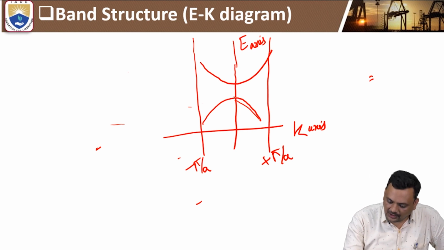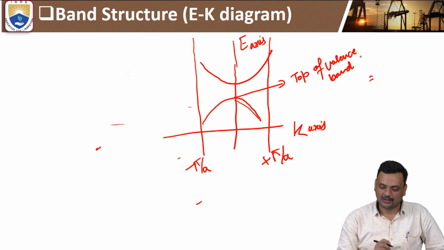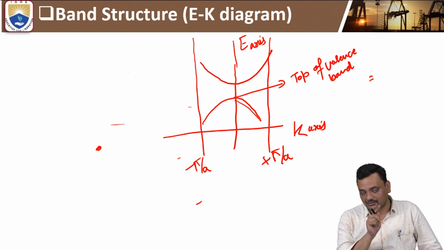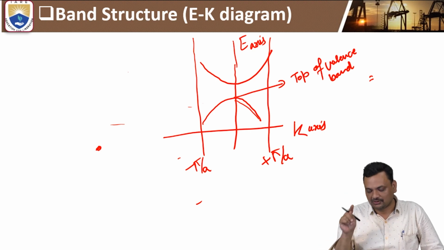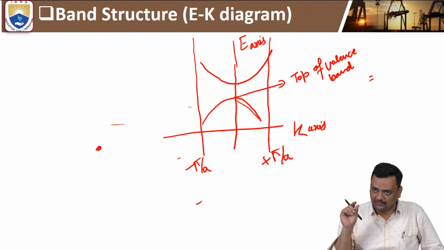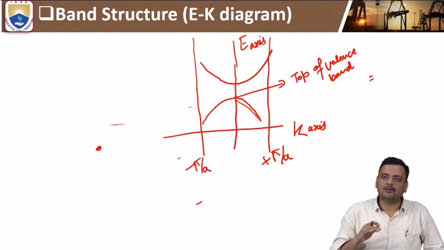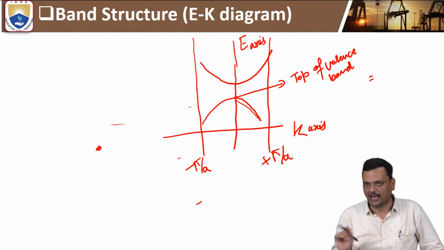So this is the top of the valence band. Why the top of the valence band? Because I solved the Schrodinger equation for a moving particle inside the crystal. So which particle can move easily? The one which tries to move from the valence band to the conduction band. That's why conduction will happen.